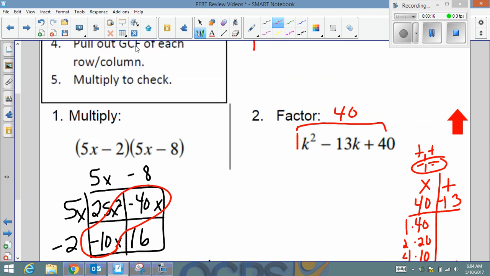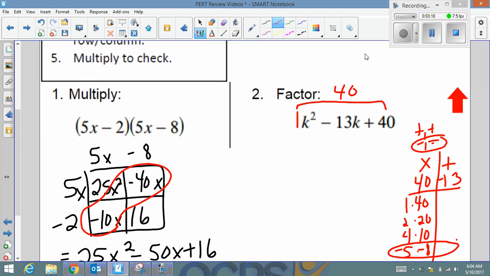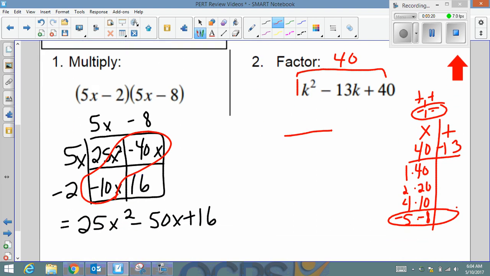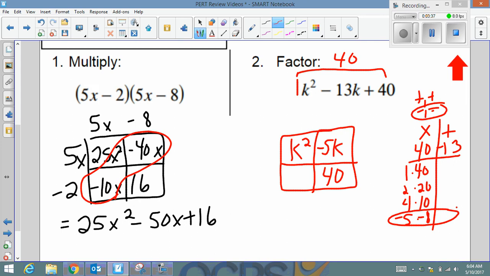Now my next step is to fill in the box. So remember what we're going to do is in the box, we're going to put first term here, last term here. So this time I have the inside of the box. I'm trying to find the outside. Remember, I'm going to rewrite my middle two as negative 5k. Don't forget the k, it's important. And negative 8k.